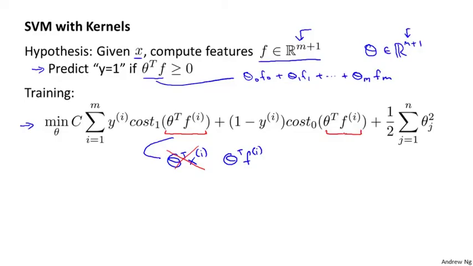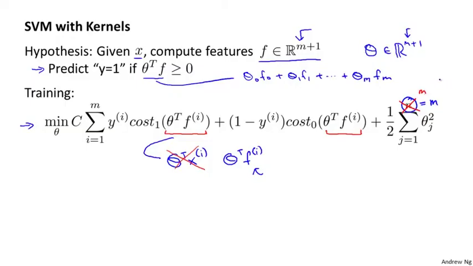And one last detail: for this optimization problem, we really have n equals m features. That is, the effective number of features we have is the dimension of f, so n is actually going to be equal to m. So you can think of this as a sum from j equals 1 through m.